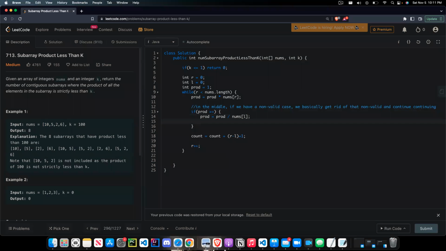And then of course you move L up, right? So you can sort of encapsulate that in one line, really. So product is greater than or equal to k, and then prod is equal to prod divided by nums of what's contained at the left.